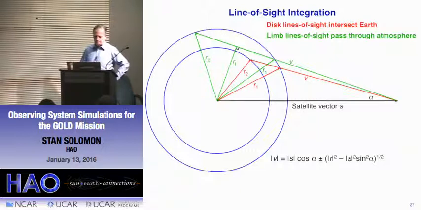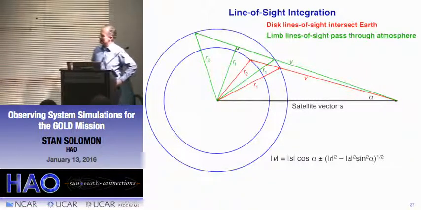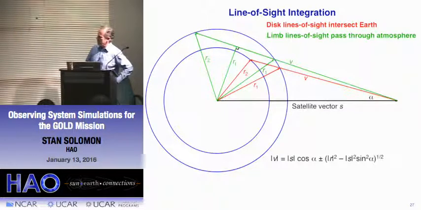Now, V can be computed from a variant of the law of cosines. This is the flavor of law of cosines where you know an angle and a side, but the angle is not between the sides, it's next to the sides. And it's a funny version because it has a plus or minus and a square root in it.